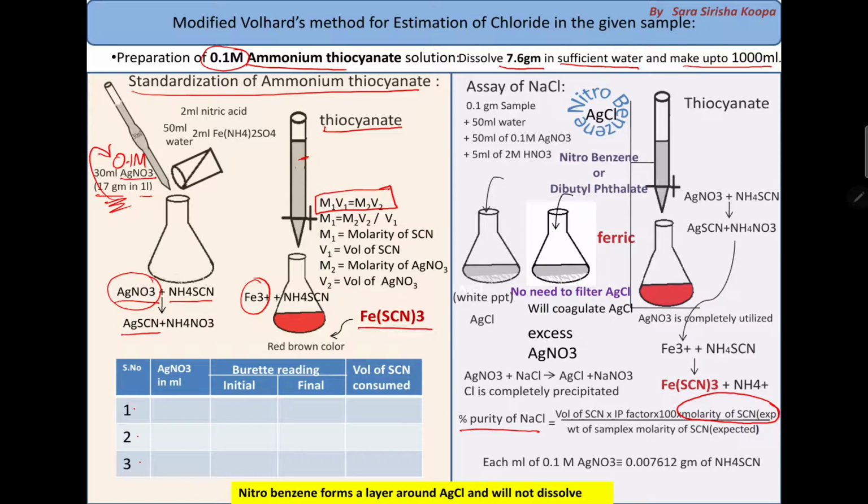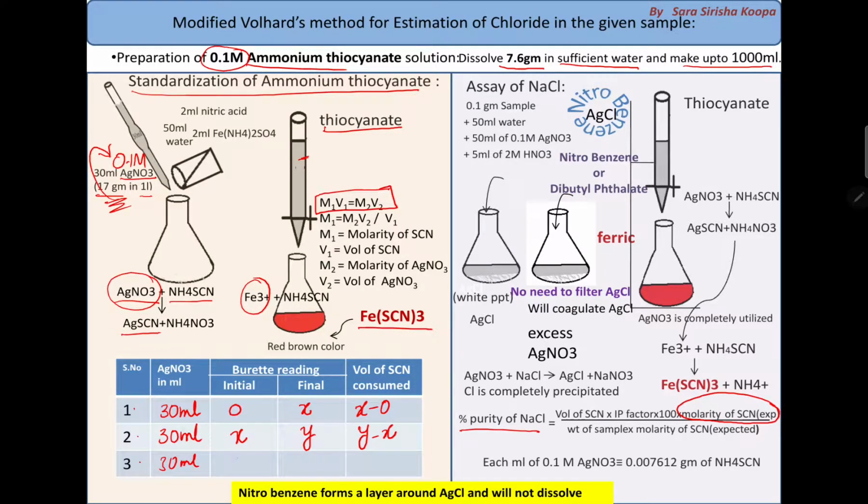Here the silver nitrate you have taken is 30 ml and the initial burette reading is 0. Final, let it be X. The volume of thiocyanate consumed is X minus 0. Next, second time 30 ml, initial is X and final is Y, Y minus X is the volume of thiocyanate consumed.